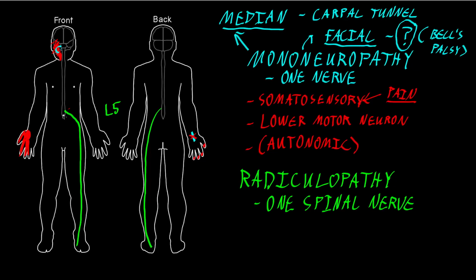But with a lesion of the L5 spinal nerve roots, with some kind of pathology or disorder affecting all those axons passing through there, we can see somatosensory abnormalities. And in particular, we often see a lot of pain. And the pain of radiculopathy often rapidly spreads down the limb that's affected.